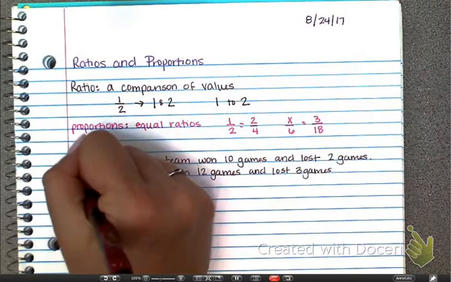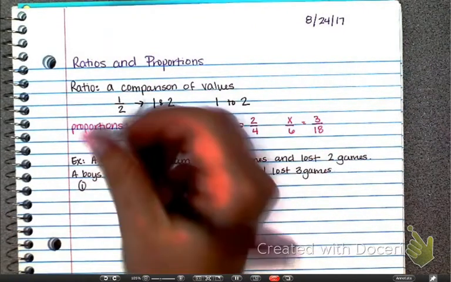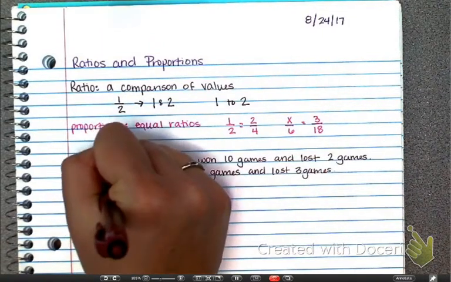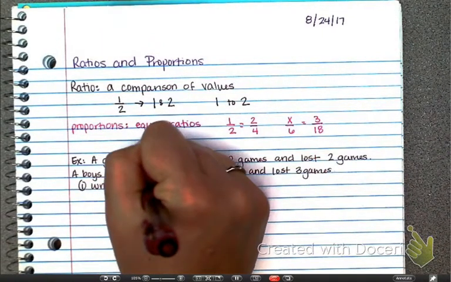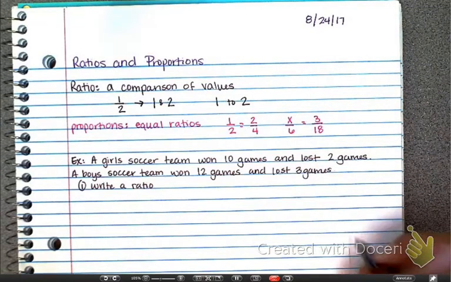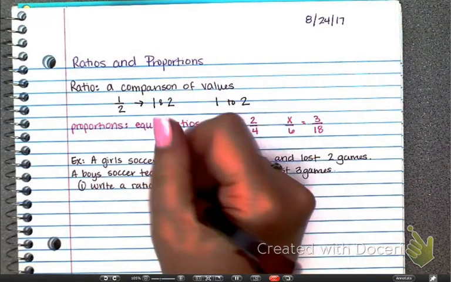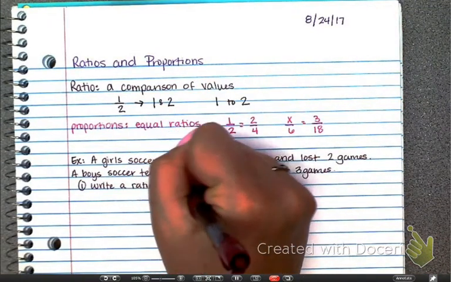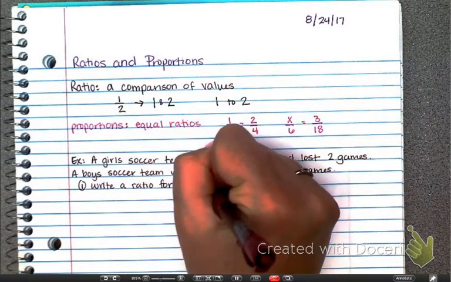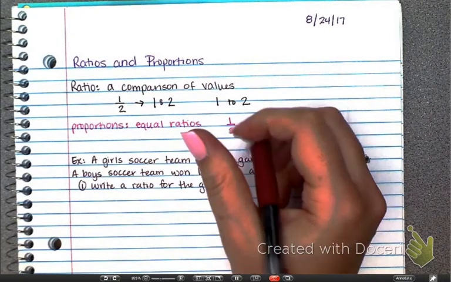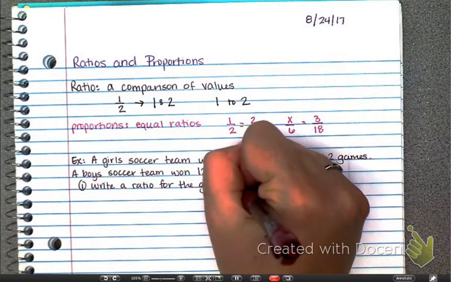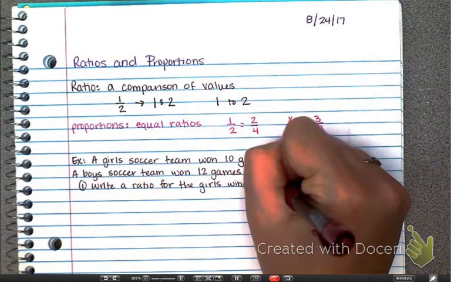So the first thing we're going to do is write a ratio for the girls' wins to the girls' losses.